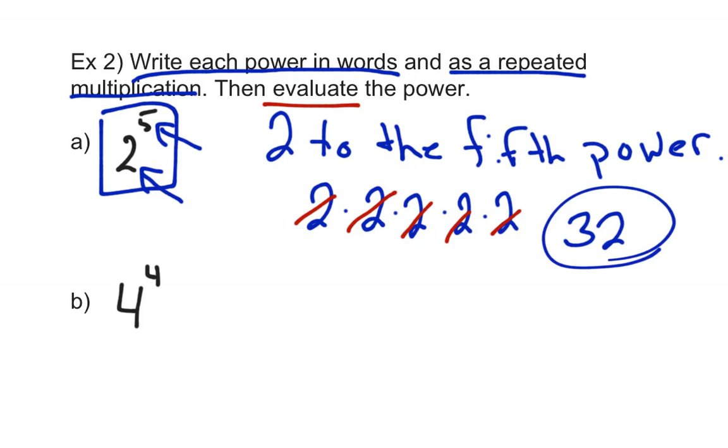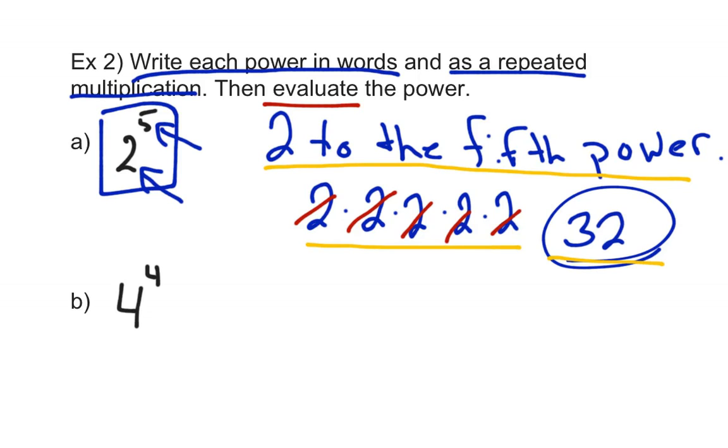So my final answer is 32. Again, they want you to do 3 things: write it in words, did that; write it as a repeated multiplication, did that; and finally evaluate, which means to solve it and get a final answer. We did that. So go ahead and try B on your own here, and then tune back in, and I'll give you, hopefully, the correct answer.